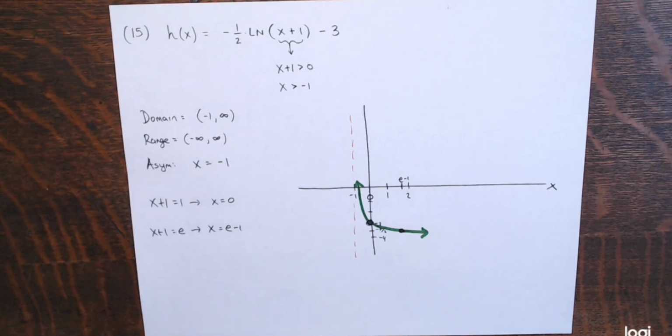And if you know the domain, you know where the vertical asymptote's going to be. And then just pay attention to the base of the logarithm and plug in values of x that'll make the expression inside that logarithm equal to some power of that base. And that'll make it easier to calculate outputs. And once you've got a couple points, at least 2, and the asymptote, you should be able to make a rough sketch of these by hand.